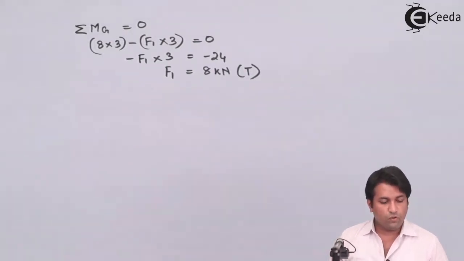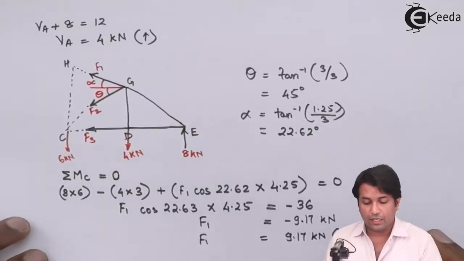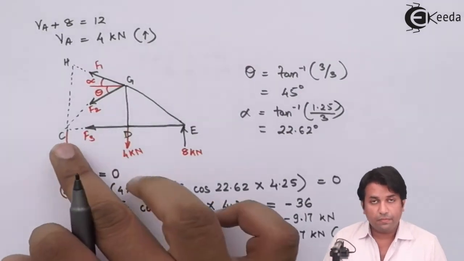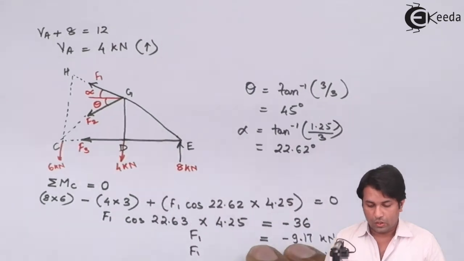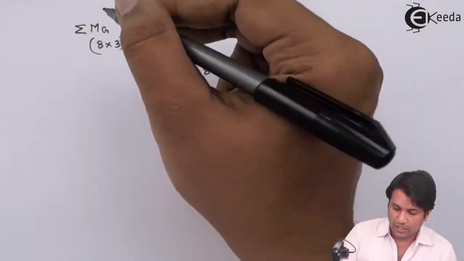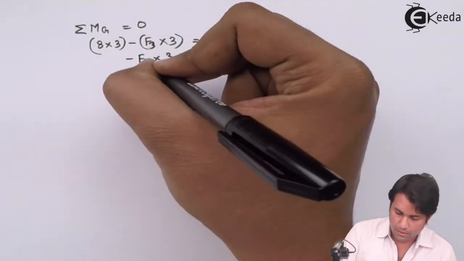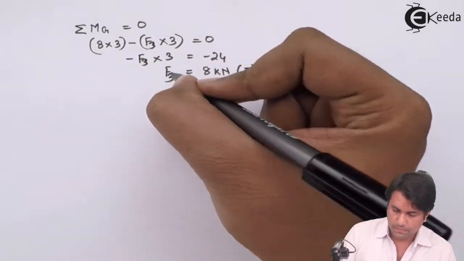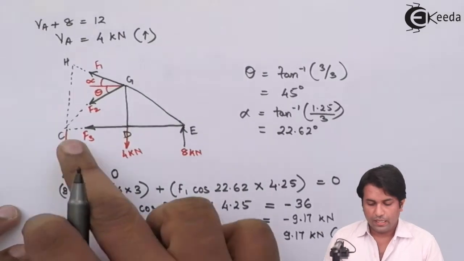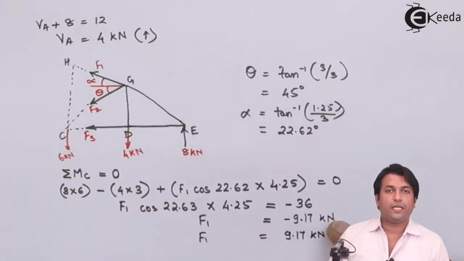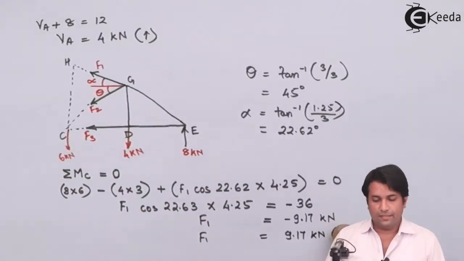That means the force in the member CD is coming out as 8 kilonewtons. Sorry, I'll just make this change. That is F3. F3 happens to be 8 kilonewtons, and that is tensile.